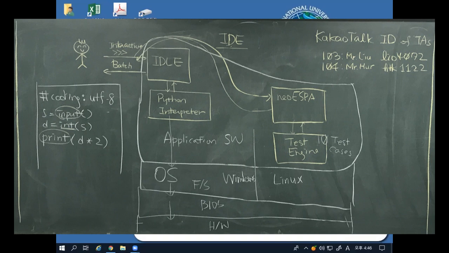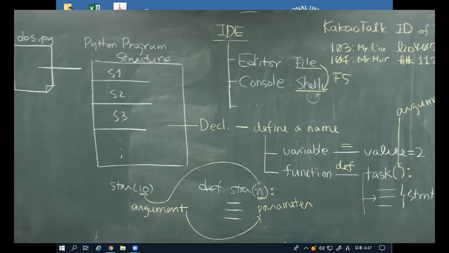IDE stands for Integrated Development Environment. Once you open the IDE, it is a set of programs in an integrated view. One important program is called the editor, so you can edit your program file. Another window is called the console, for output and input.